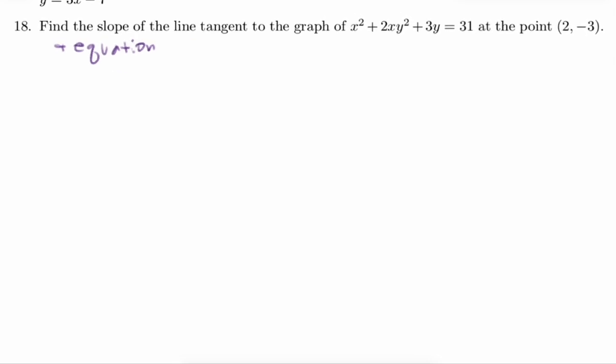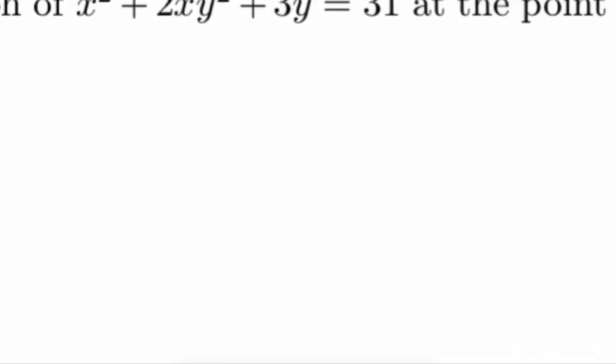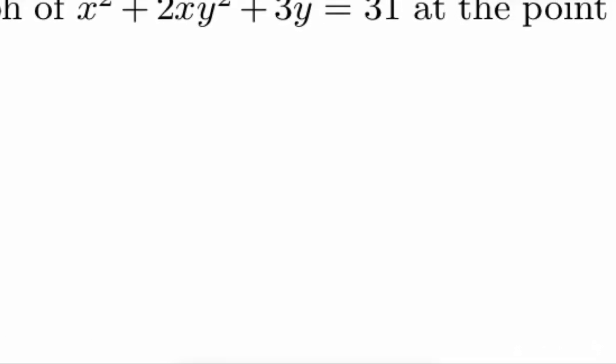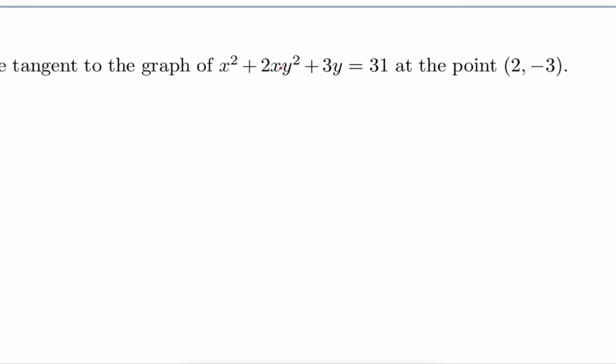But what's great about this is we actually have a point. So that's a good thing, okay? So we're going to take our x squared plus 2x y squared, put a dot between those two. Don't forget that part, okay? So we get 2x plus first times the derivative of the second plus second times the derivative of the first.